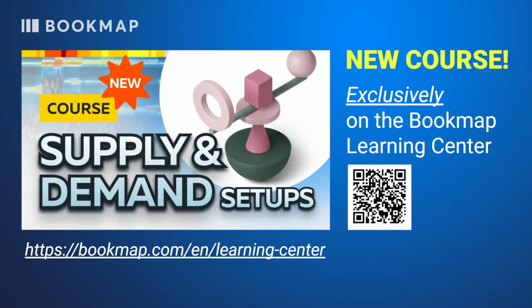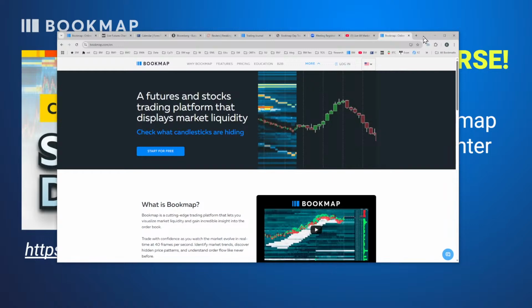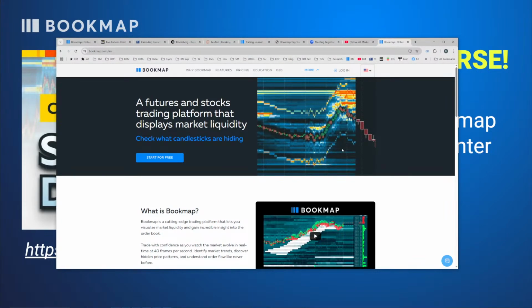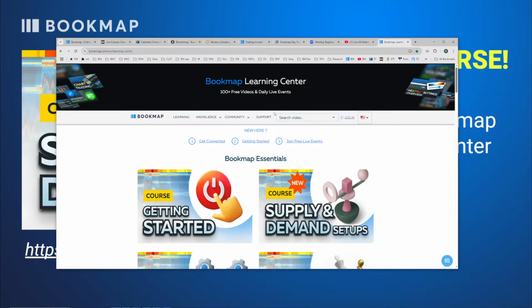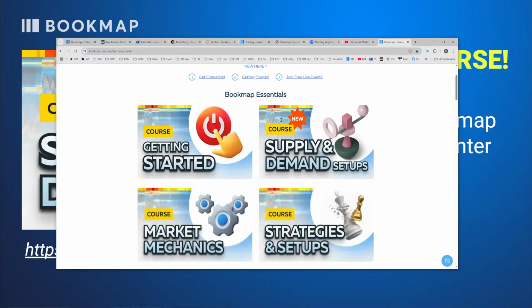It's based on supply and demand. These are very simple setups that apply to pretty much everything using supply and demand. Okay, so let me show you where it is on the Bookmap Learning Center and how to get there. Go to bookmap.com and then click on education right here. That'll take you to the Bookmap Learning Center. There's all sorts of resources in here.